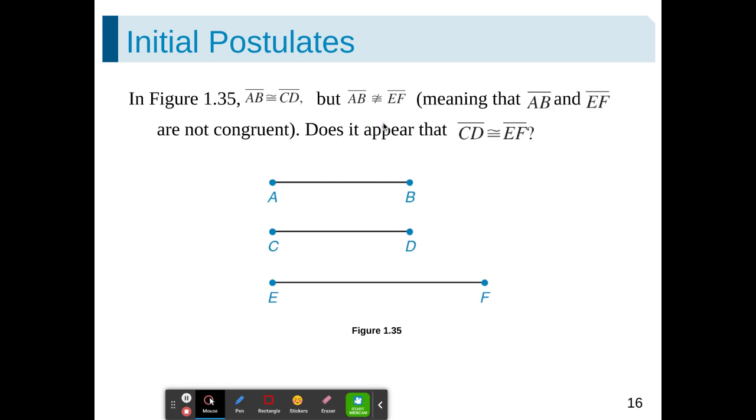And then we continue on. It says AB is not congruent to EF, meaning that AB and EF are not congruent. Does it appear that CD is congruent to EF? Of course not, because you can clearly see that if we did the measurement with a ruler, CD is only a portion.